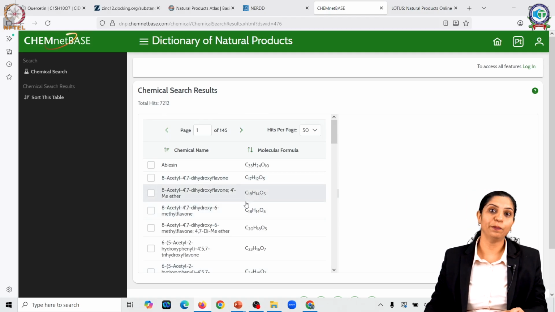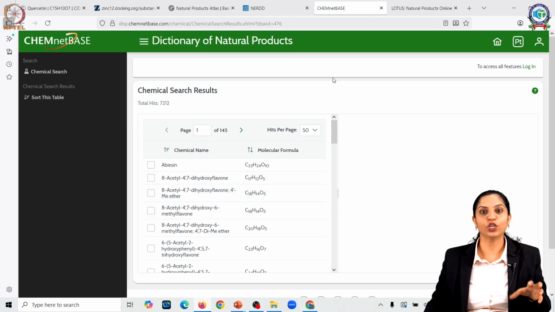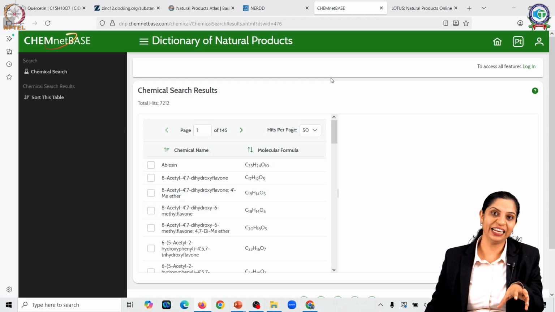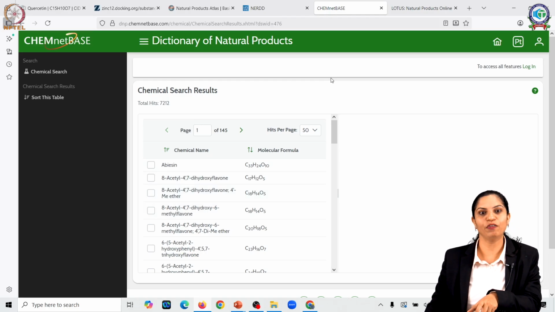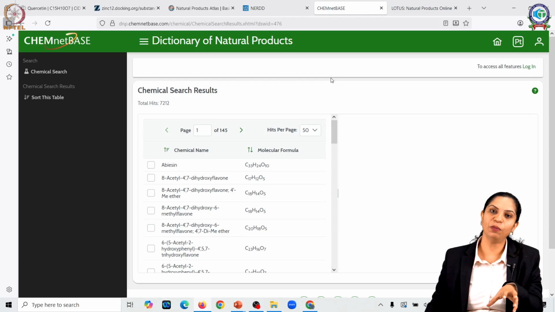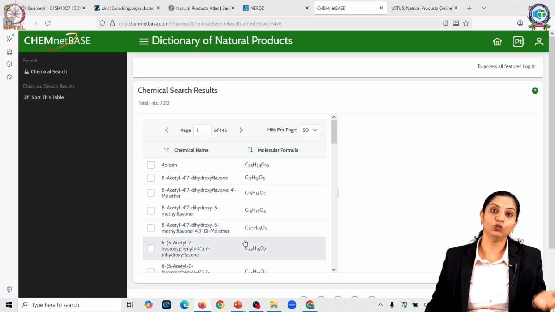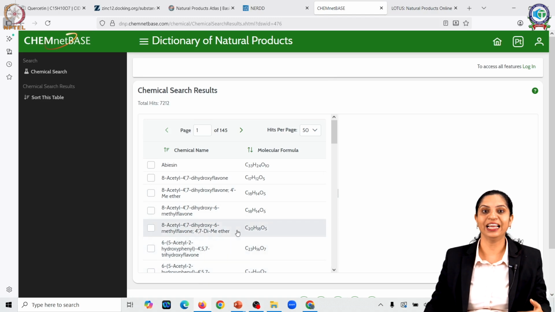This is very important in terms of pharmacological activity or whenever you are doing docking studies. I want a particular molecule with this pharmacophore. So, how many molecules are there in nature which possess this particular pharmacophore? Just put that pharmacophore in the Dictionary of Natural Products, and it will come up with this many compounds. So, you can use these structures in docking, and then you can optimize which natural product will react well.